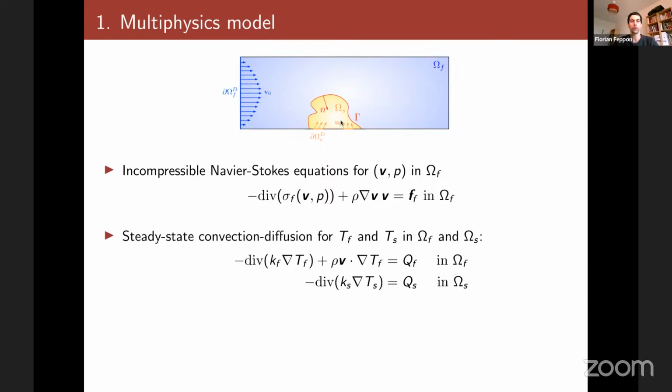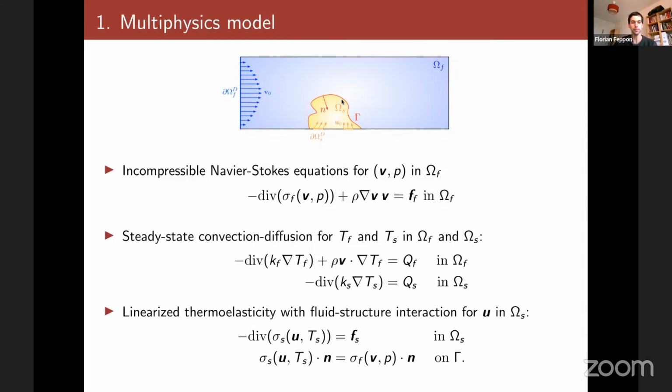Once you have solved for the fluid, you can solve for steady-state convection-diffusion in both the fluid and the solid part. In the fluid, you have the convection and diffusion of a temperature field, and in the solid part, you have only diffusion, and both temperatures are coupled by the equality of temperature and heat flux at the interface.